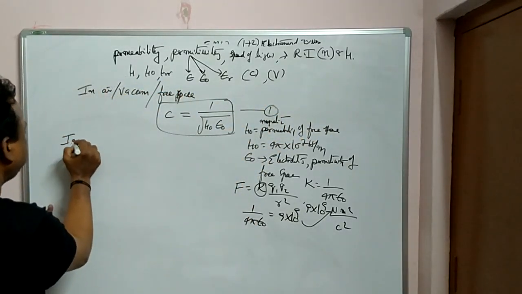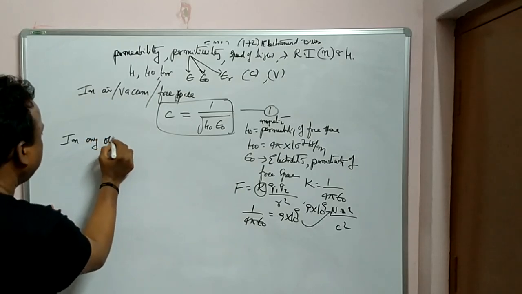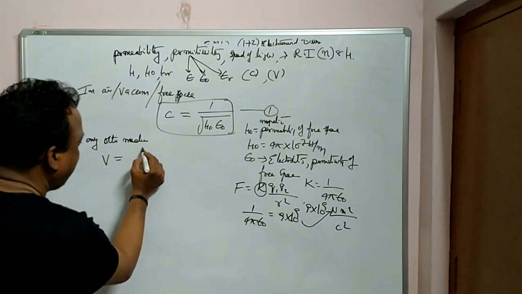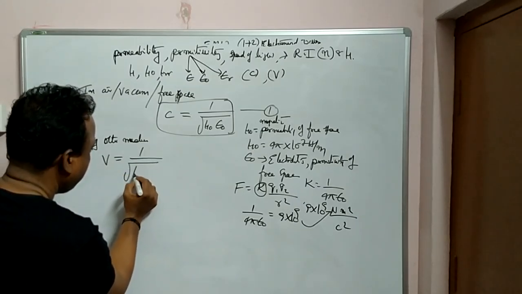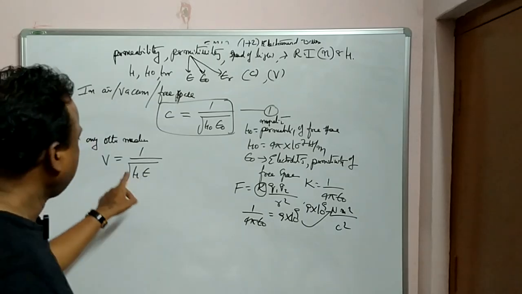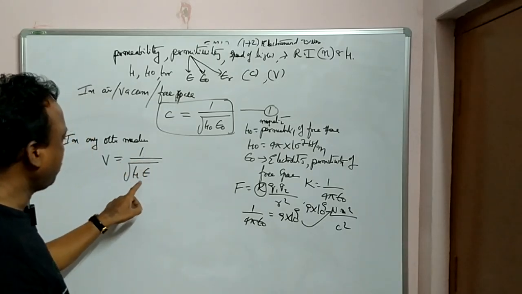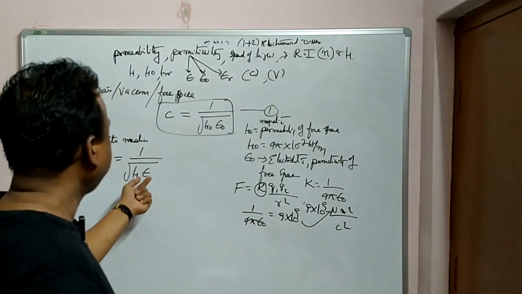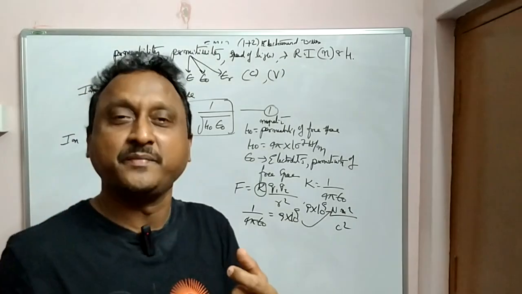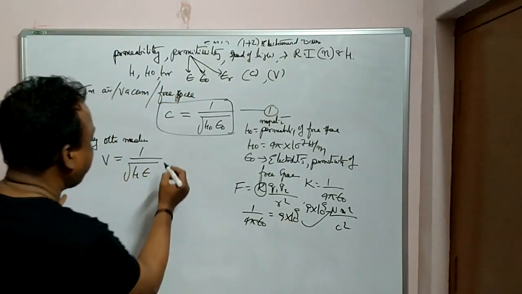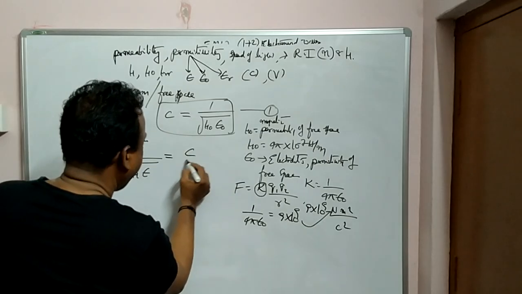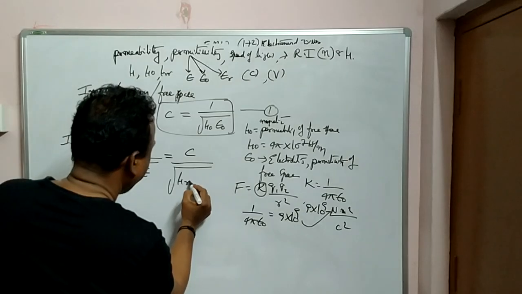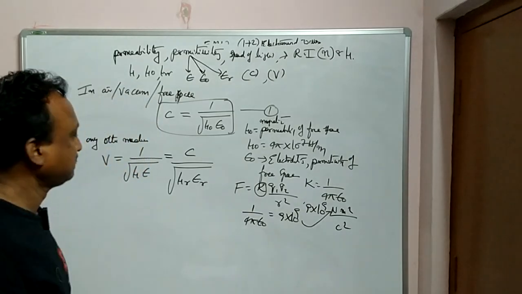Suppose in any other medium, then the speed of light v is taken as 1 by root mu epsilon, where mu is absolute magnetic permeability of the medium, and epsilon is absolute permittivity of the medium. And this again I can take as C by root over mu r epsilon r. Okay?